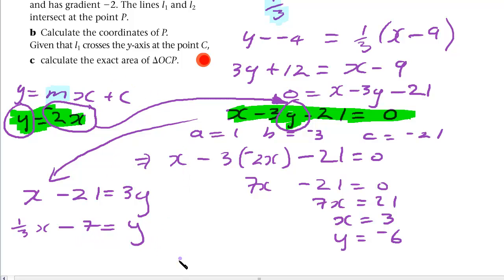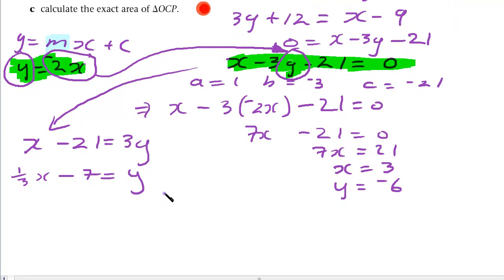So we've got one line crossing at 0, and we've got these intersecting at (3, -6). Let's draw a sketch of what's going on. There's 3, there's minus 6, and then we've got another line crossing at minus 7. So we can now find the area of this triangle.